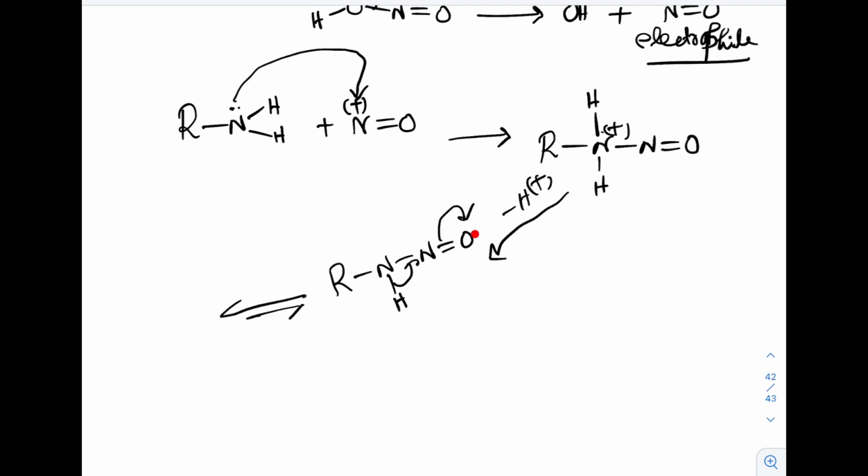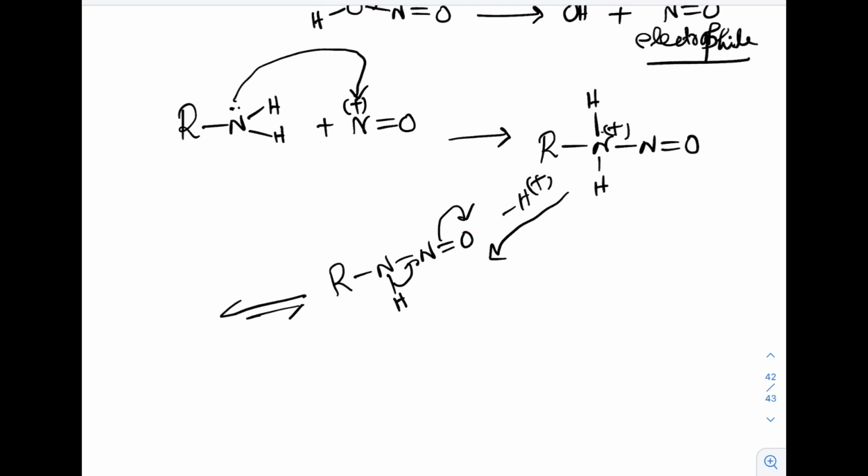Now this O atom will get a minus charge, and this hydrogen is released as H plus. That H plus will be accepted by this generated O minus to form OH.